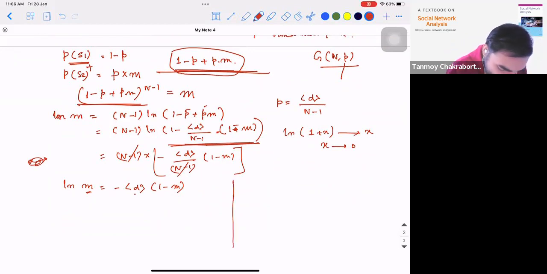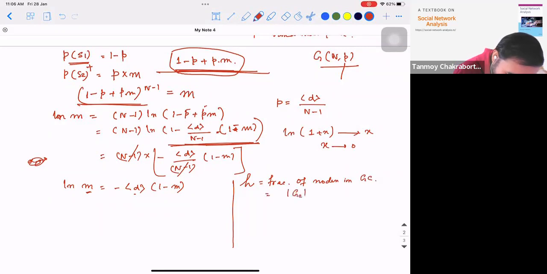Now let us introduce another quantity called H. H is the fraction of nodes in the giant component GC, which we already denoted as mod GC by n. This is the fraction of nodes in the giant component.